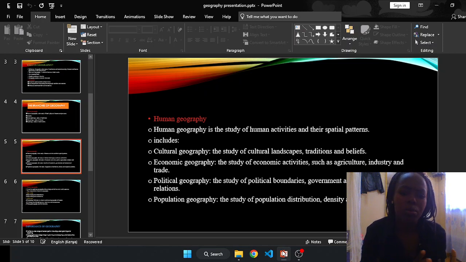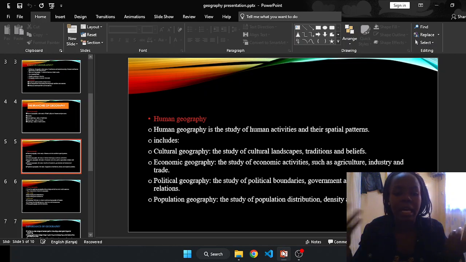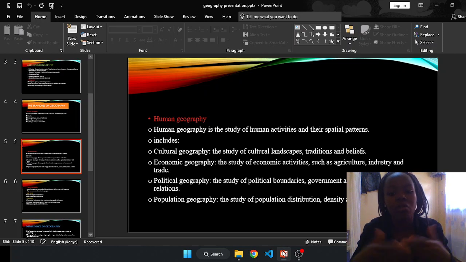It may be agriculture, mining, farming, most of the things we as humans do on the earth's surface so that we can earn our income, mostly for income and others for research.